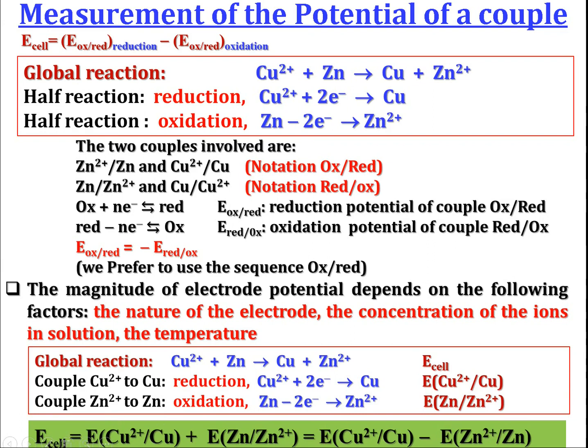So E of the cell is equal to E ox/red of couple 1 plus E red/ox of couple 2, or simply equal to E ox/red of couple 1 minus E ox/red of couple 2, and we obtain the same relation mentioned above: E of the cell is E ox/red at the reduction minus E ox/red at the oxidation.